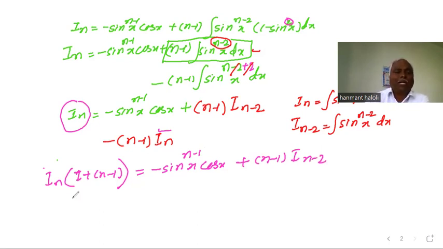Now you simplify the left side: 1 plus n minus 1, the minus 1 and plus 1 get cancelled, remaining only n. And I'll go to the next step.